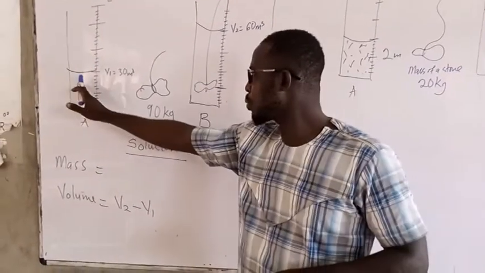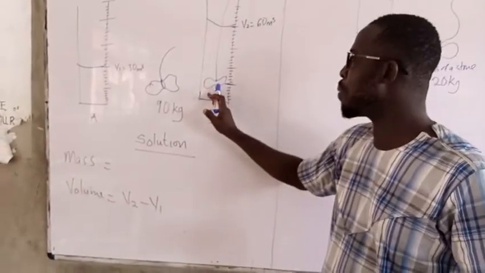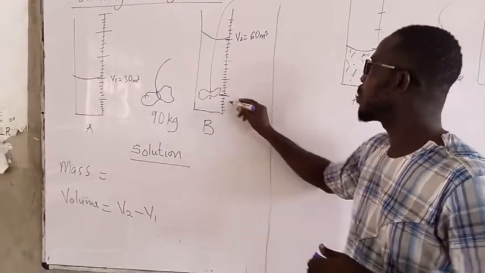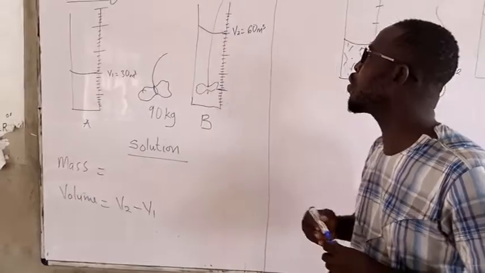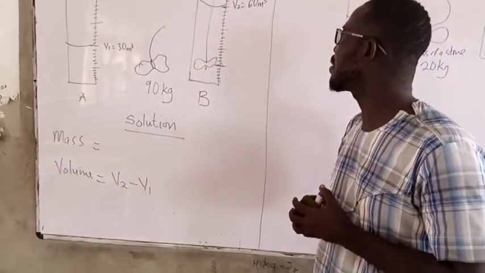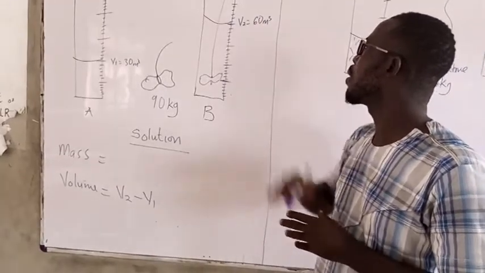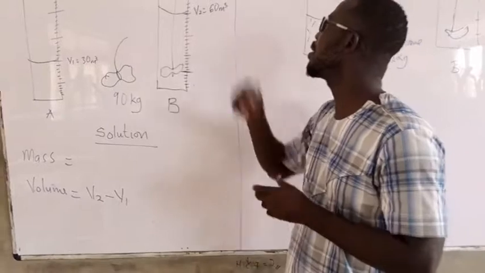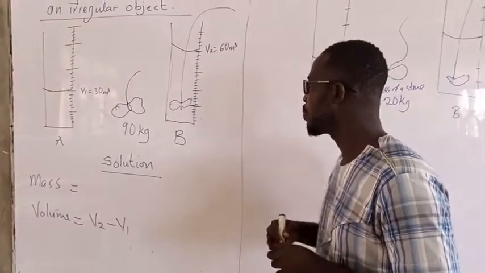I measure the same amount of water and then place the stone inside. You realize that the volume of the water increases to a second volume, which I have noted, 60 meters cube.